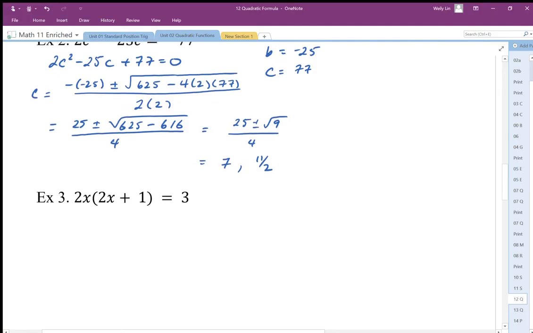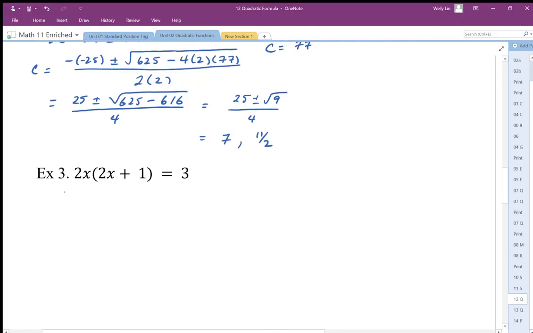Again, here we want to get rid of the brackets. 4x squared plus 2x. Make it equal to 0, so do minus 3 on both sides. Identify our a, b, c. So a is equal to 4, b is equal to 2, c is equal to negative 3.